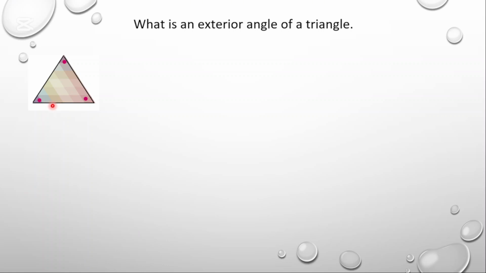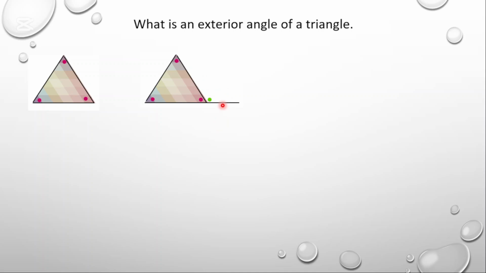Now if I take this line and I extend it, I'll get this figure over here. So I have my three interior angles, and immediately I have an angle outside this triangle, this green dot there, and I call that part my exterior angle of my triangle.